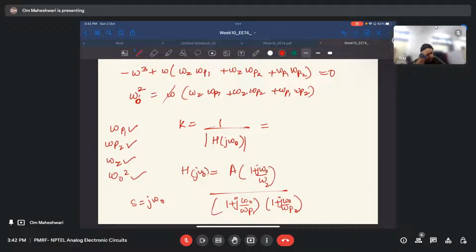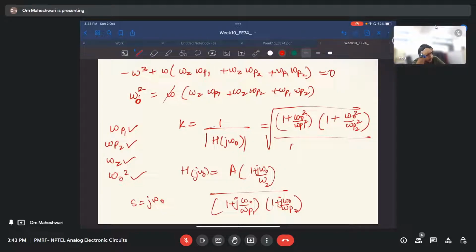If I take its modulus, it will be something like this, right? The square root of (1 plus omega naught by omega p1 whole square)(1 plus omega naught by omega p2 square) divided by a square (1 plus omega naught square by omega z square).